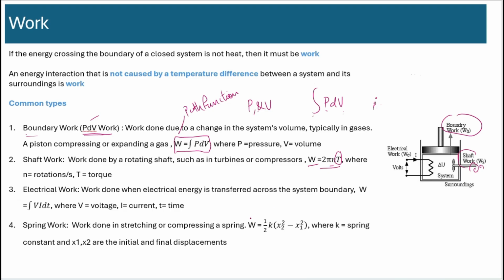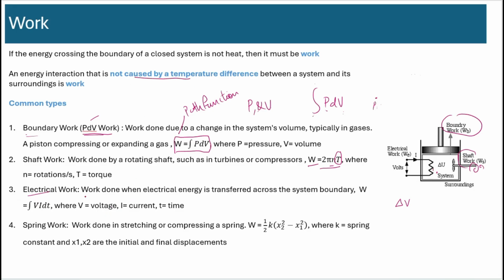You can also have another way of transferring work. Let's say you have an electrical heater inside the system and you have voltage here. You're actually increasing the temperature inside because of this. But the energy transfer is not due to the delta T. The energy transfer is due to the potential difference, right? So you're transferring energy not due to temperature difference.